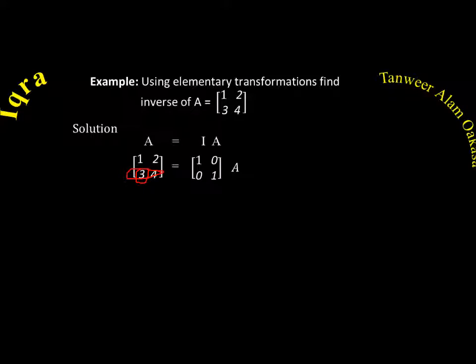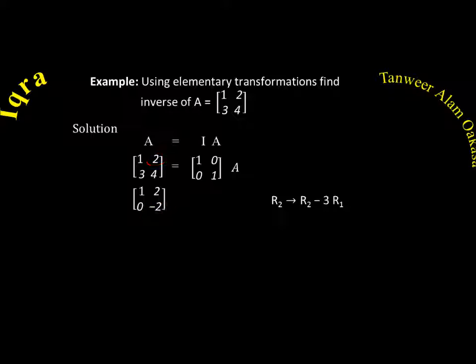So what I will do, I will multiply this whole R1 with 3, and then I subtract from this, so this will become 0. So R2 minus 3R1 is my operation, and when I multiply my first row with 3, I get here 0 here, and 3 into 2 is 6, and 4 minus 6 is minus 2, so I get a minus 2.